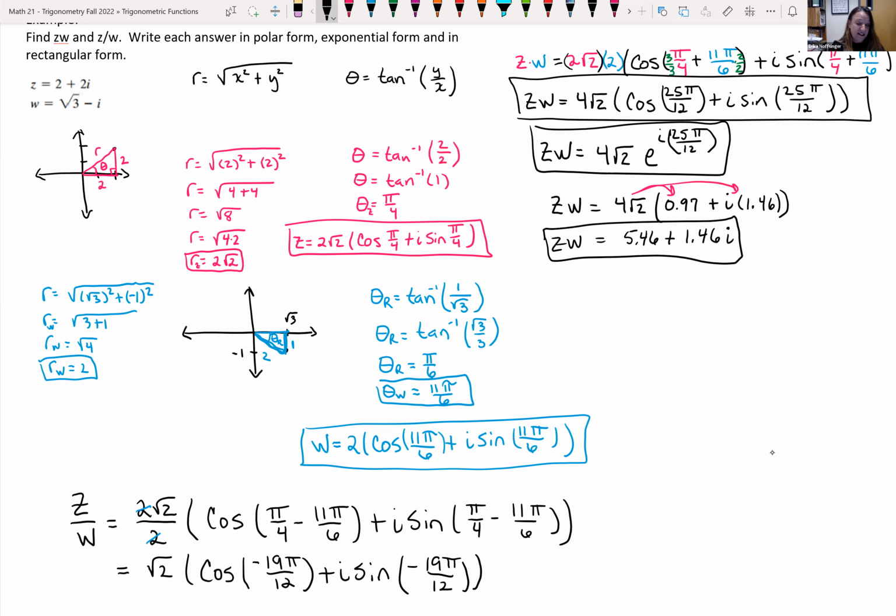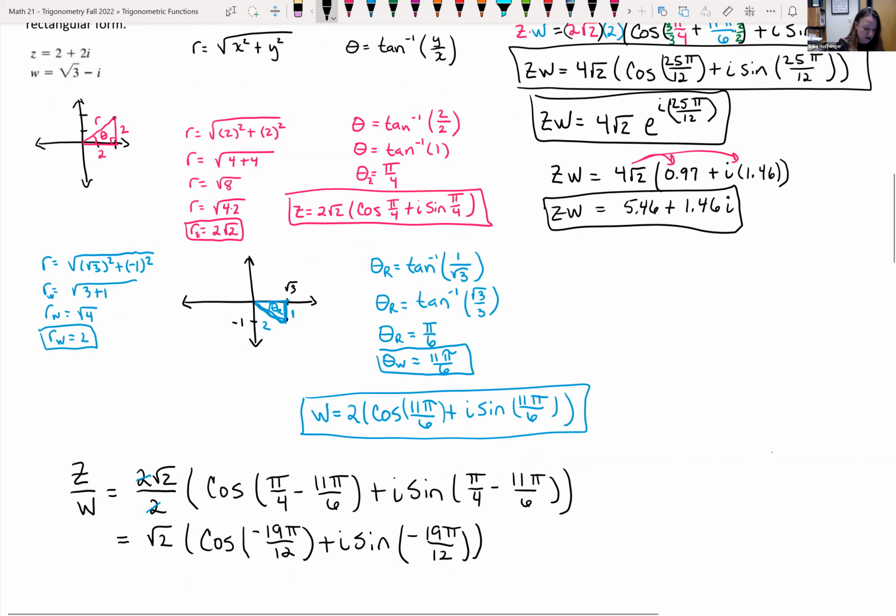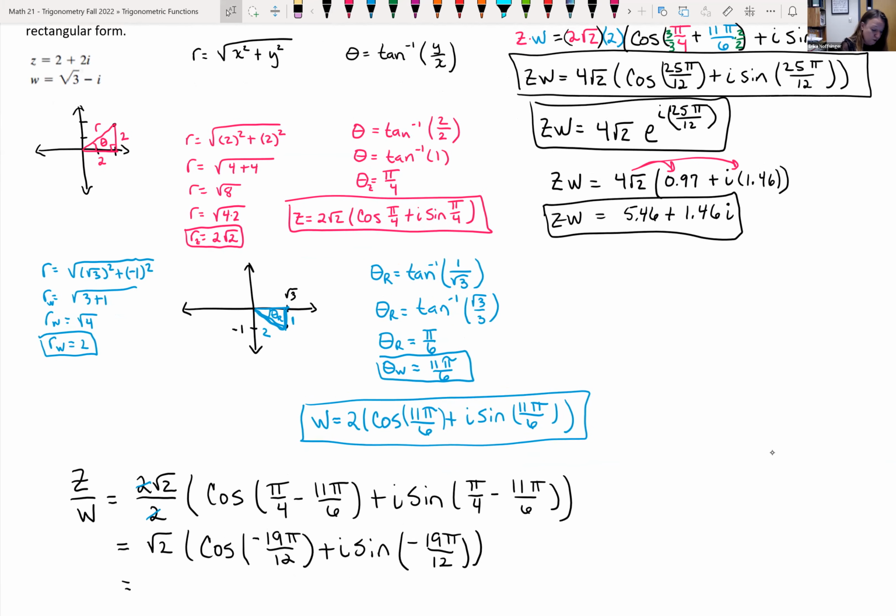So let's use the fact that cosine is an even function. So cosine of a negative angle is the same thing as cosine of that angle. So this gives us back root 2 cosine of 19 pi 12ths. And sine is an odd function. So sine of negative theta is the same thing as negative sine of theta.